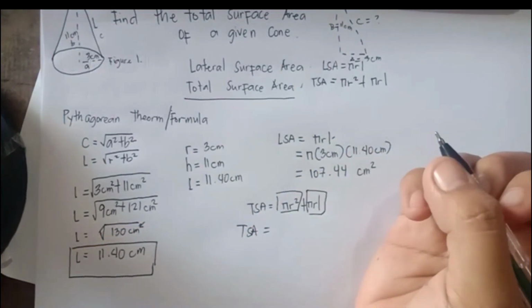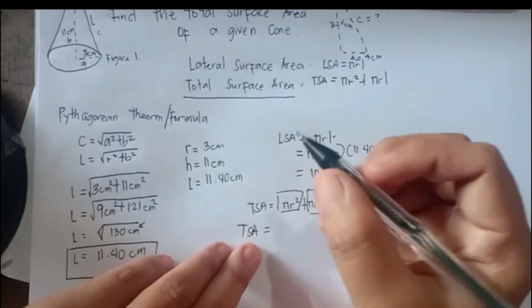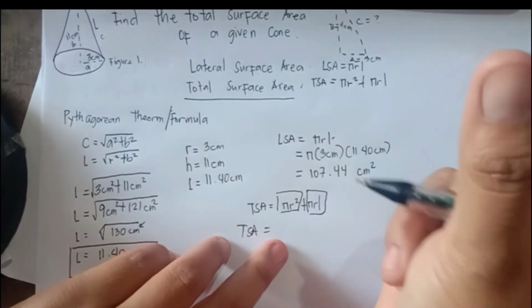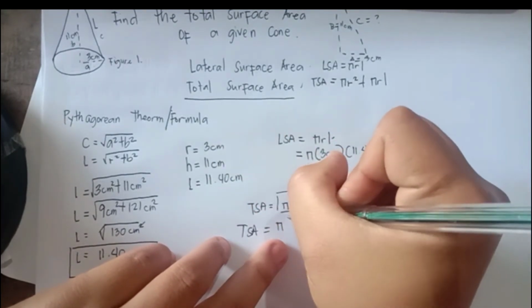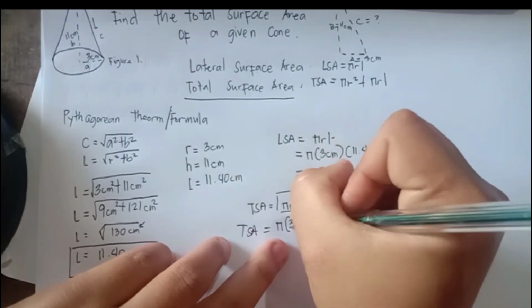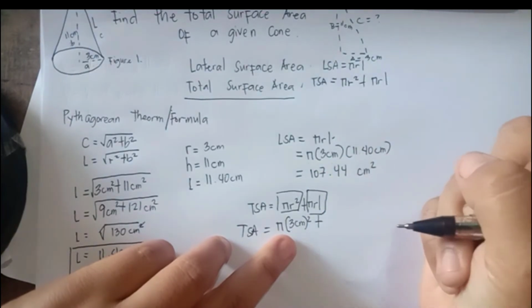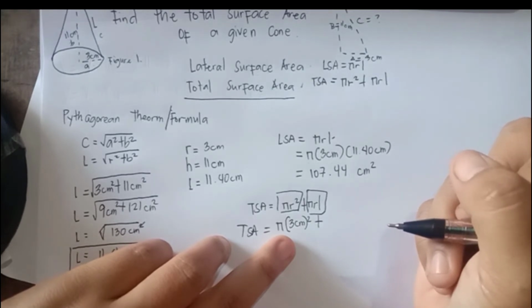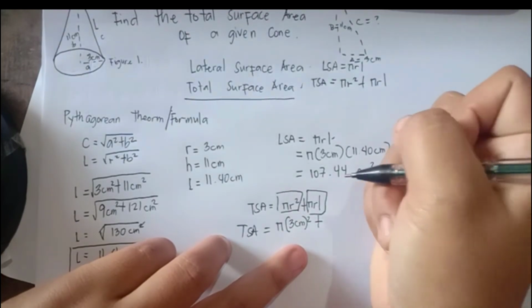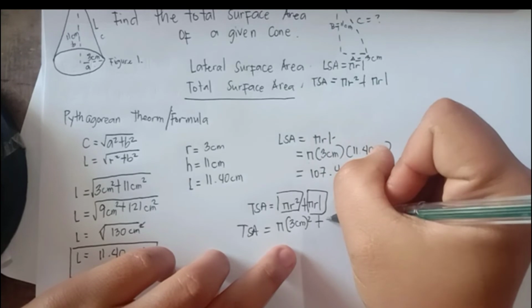Now, let us find the total surface area of a cone. First is we have to multiply the pi r squared. So, meron na tayong r which is the 3 centimeter squared plus pi RL.